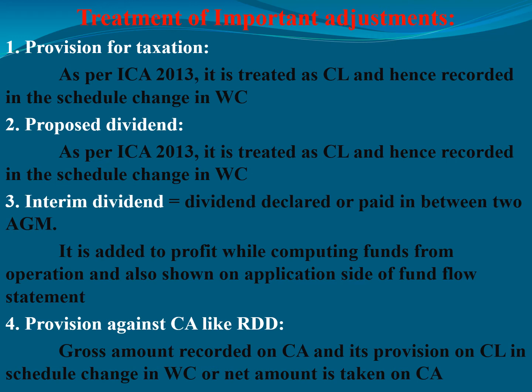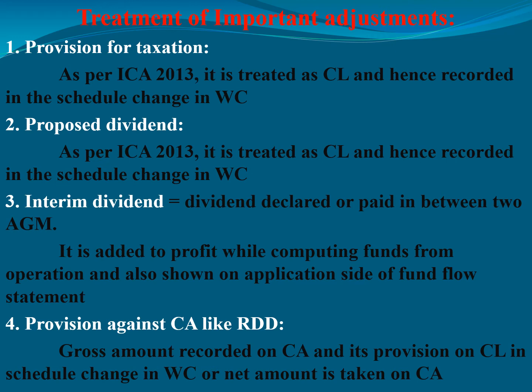It is a non-fund item debited to profit and loss account, hence it is added to the profit while computing funds from operation, and it is paid to the shareholders. It is an application of fund shown on the application side of fund flow statement.